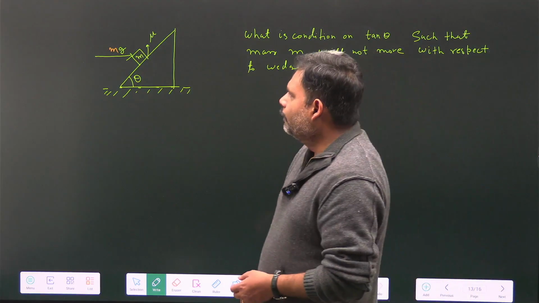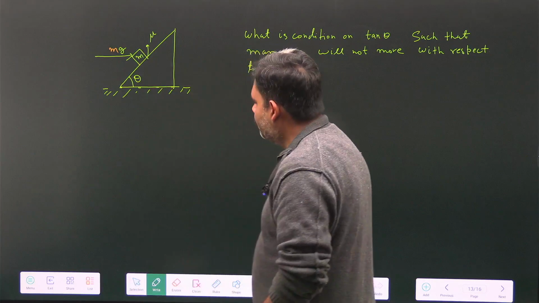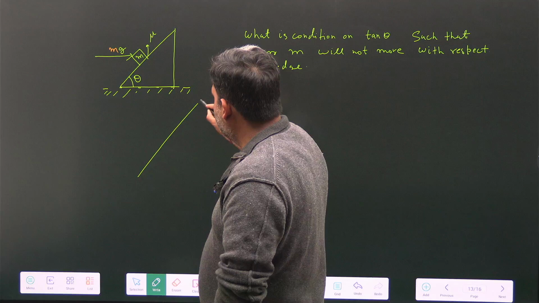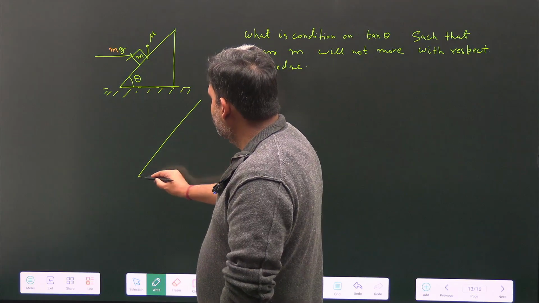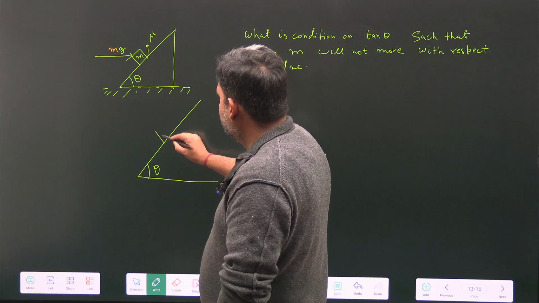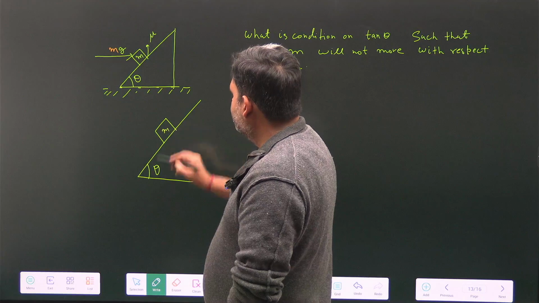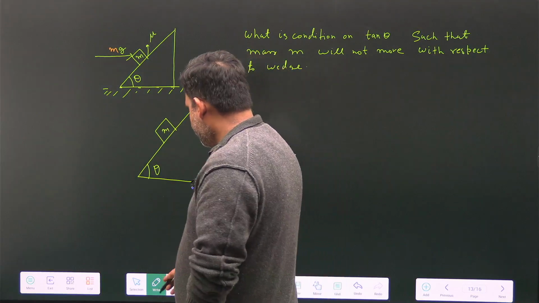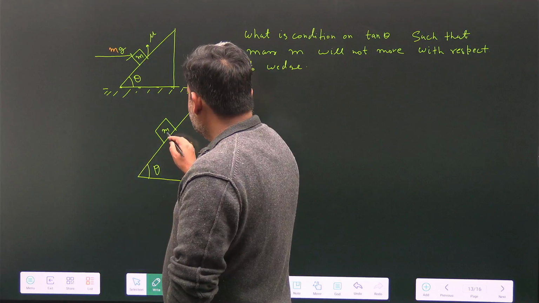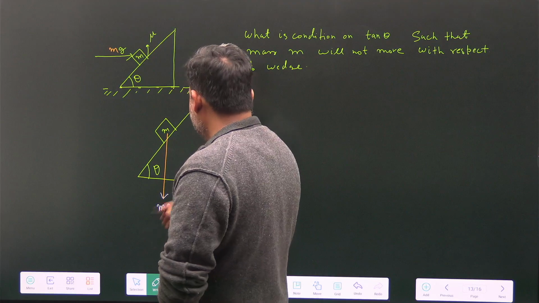So obviously this is my x-axis and this is my y-axis, so there is not any problem. This is your theta, and this is your mass m. There are two forces. One force is in the vertical direction, that is nothing but mg.